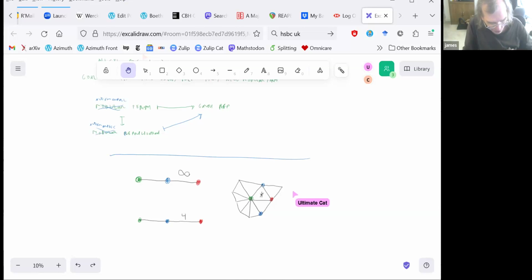So the dots in the Coxeter diagram correspond to reflection operations, whereas the edges in the Coxeter diagram correspond to these rotation transformations.